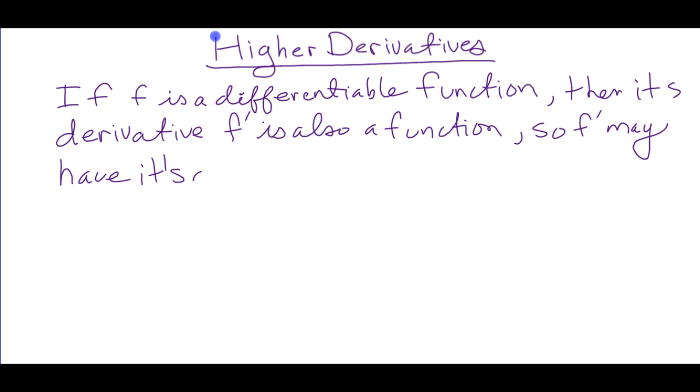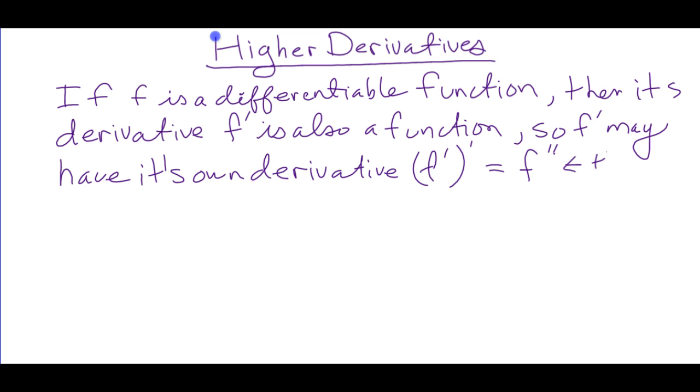Let's just say it may have its own derivative, f prime prime, or f double prime, which is how we're going to denote the second derivative. So that's called the second derivative.